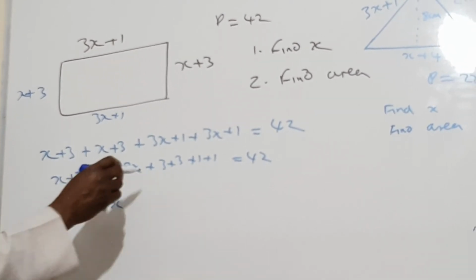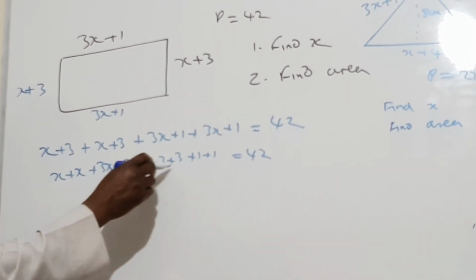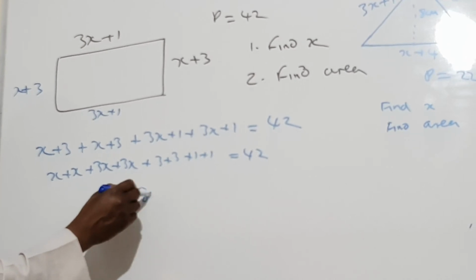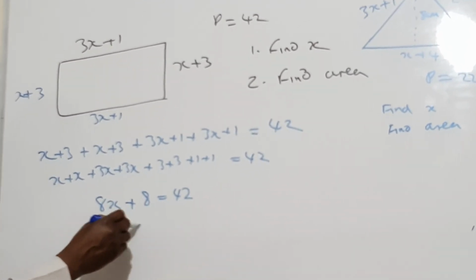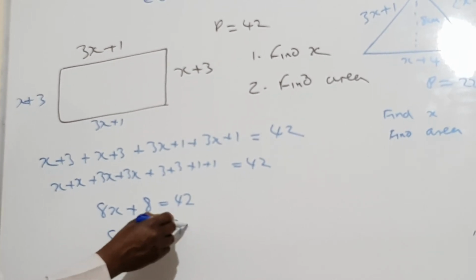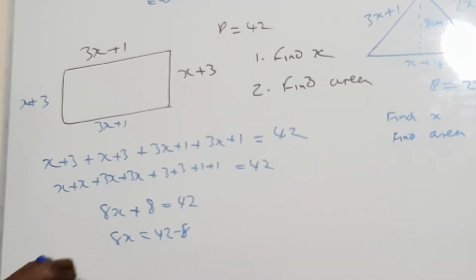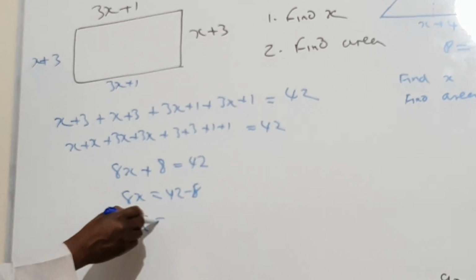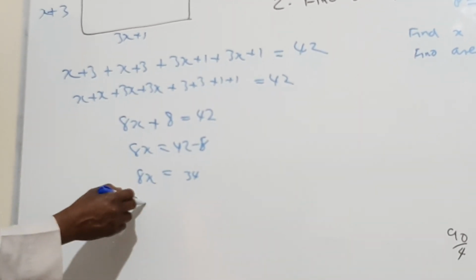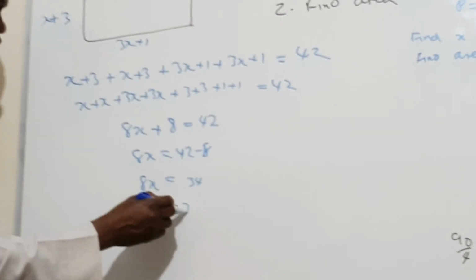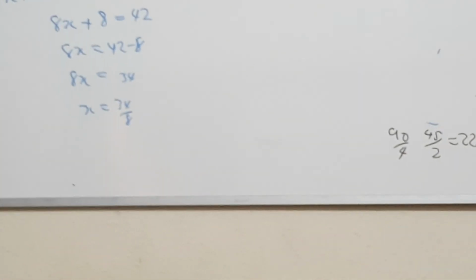And if you add all this, this is 6 plus 2, that is 8. Is equal to 42. So 8x is equal to 42 minus 8. Then 8x is equal to 34. x is equal to 34 divided by 8.